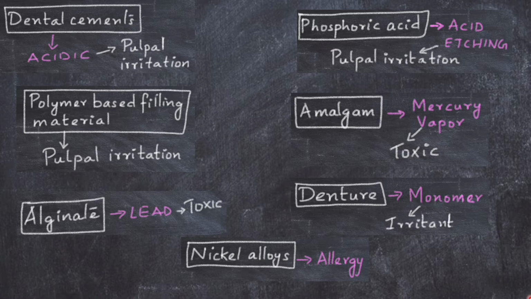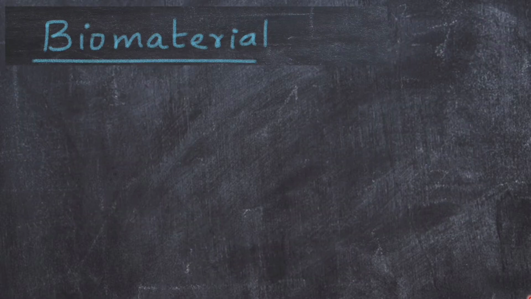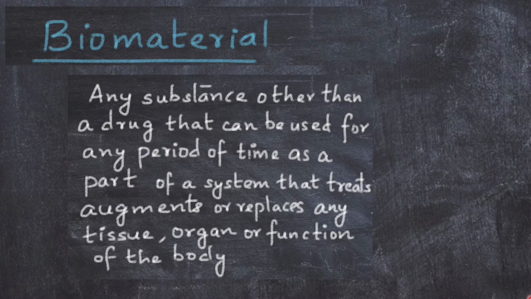So what is a biomaterial? A biomaterial is any substance other than a drug that can be used for any period of time as a part of a system which treats, augments or replaces any tissue, organ or function of the body. It simply says that any material which you are keeping in the body, be it a dental material or any prosthetic for any part of the body, even a pacemaker, you should make sure that it is compatible with the body's normal physiology.